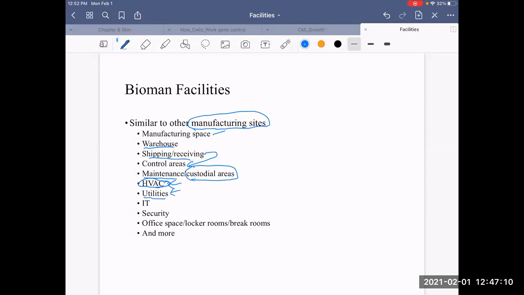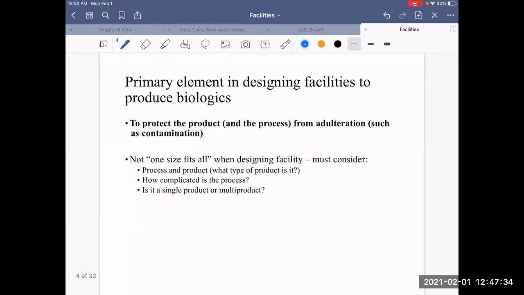Is the water of a certain standard? Okay, it has to have information technology. Security is key. We don't want anything to be messed with, tampered with. Office space, locker rooms, break rooms, okay? And there's way, way more stuff, okay? But that's just the beginning part of it.